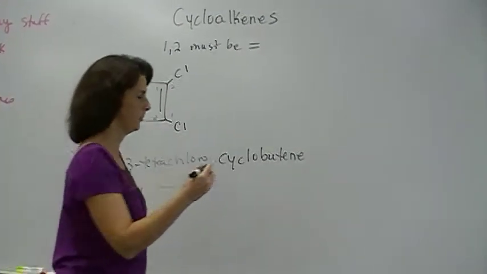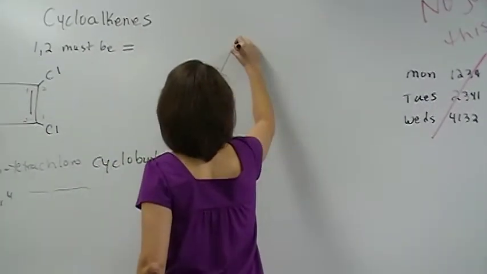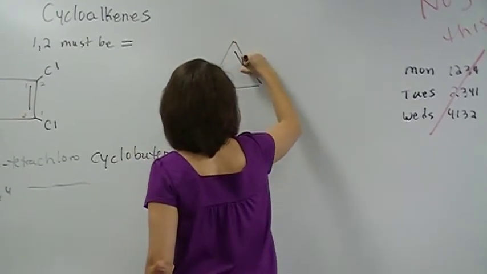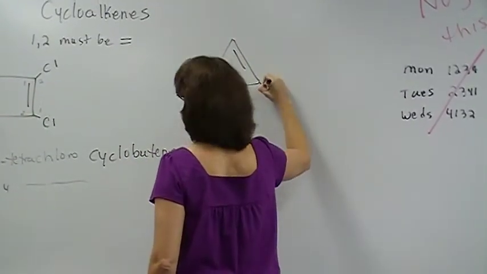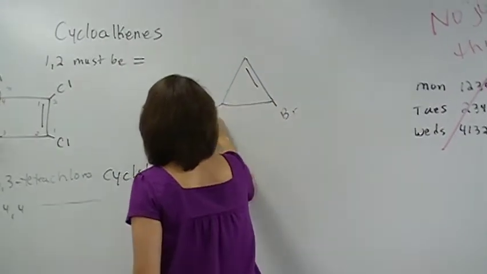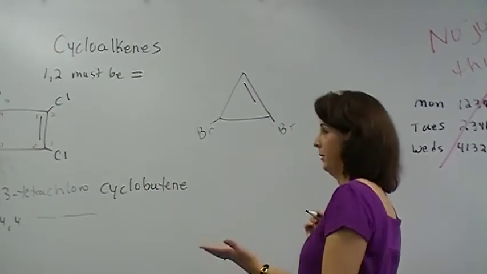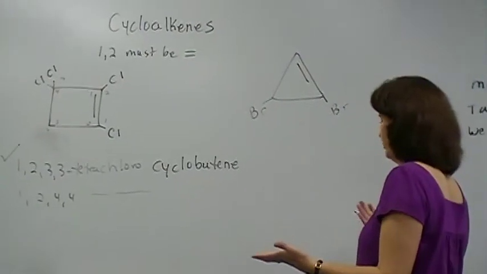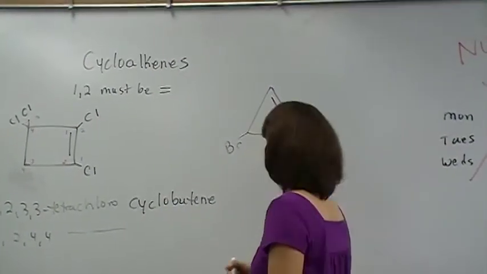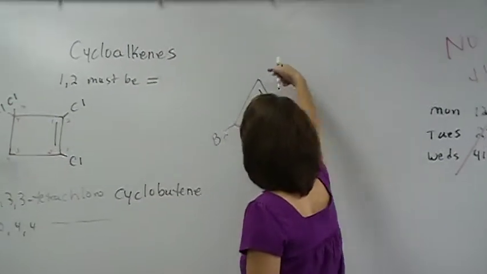The one that most people miss, because it just doesn't seem right. A triangle with a line, and then you put, say, a Br and a Br. Okay, I know it's going to be dibromocyclopropene of some kind, but where do I start? This has to be 1 and 2.